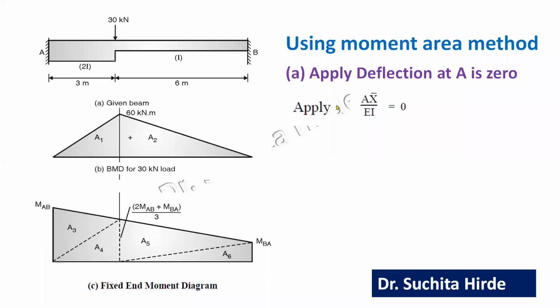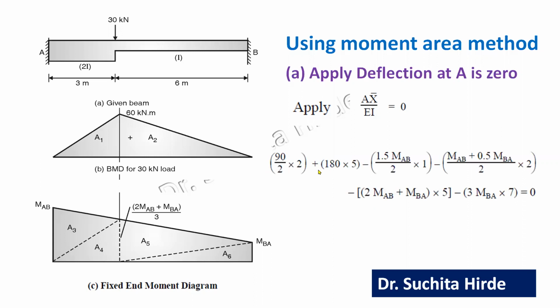So if you write the second equation, that is deflection at A equal to 0, you will get an equation something like this. What it is: A1x1 plus A2x2. Here I am using a minus sign because I am considering these as hogging bending moment. So minus A3x3, A4x4, A5x5 and A6x6.